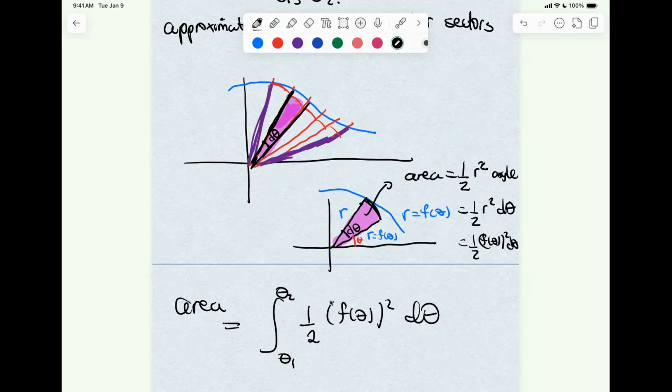How much should this area be? Well, this area should be pi r squared, that's the area of the disk, times the fraction of the angle, the ratio of alpha divided by 2 pi, because that tells you how much of the entire circle you're picking up by the angle, if that makes sense. Then the pi's cancel, and you get the 1/2.